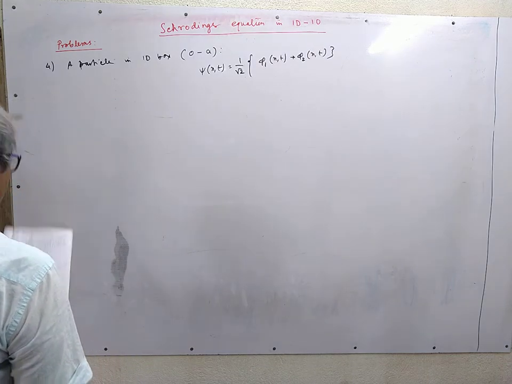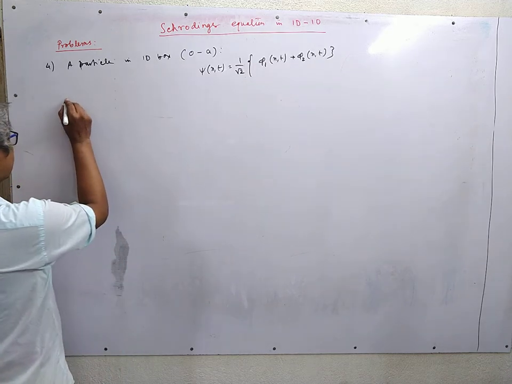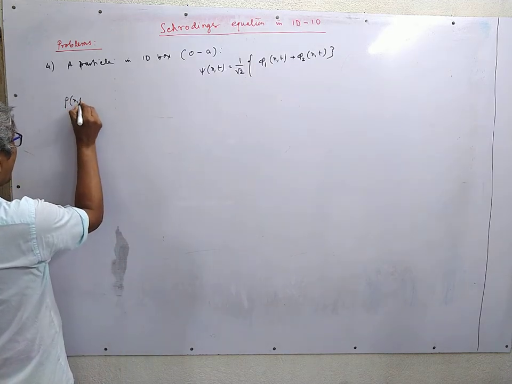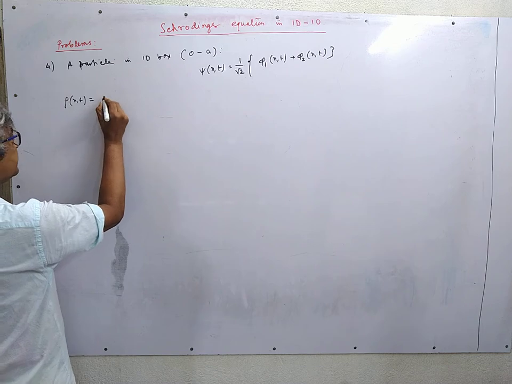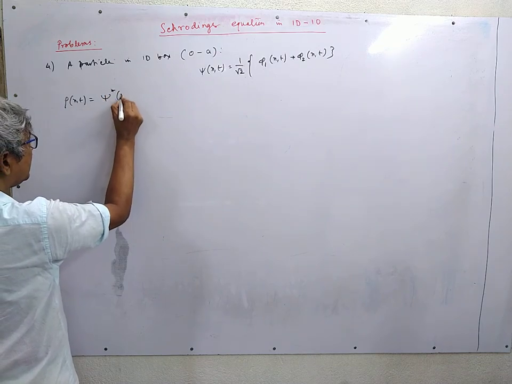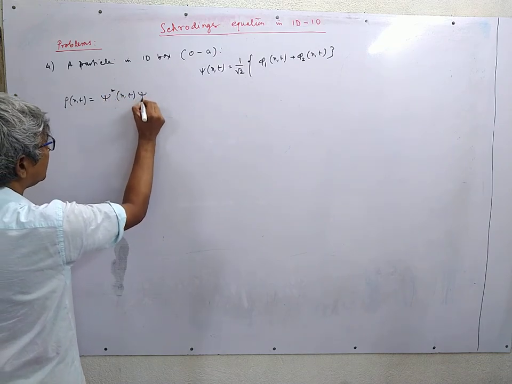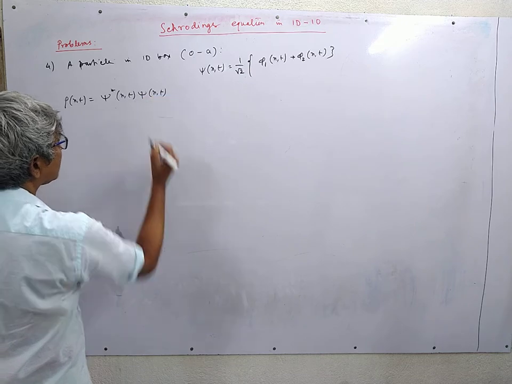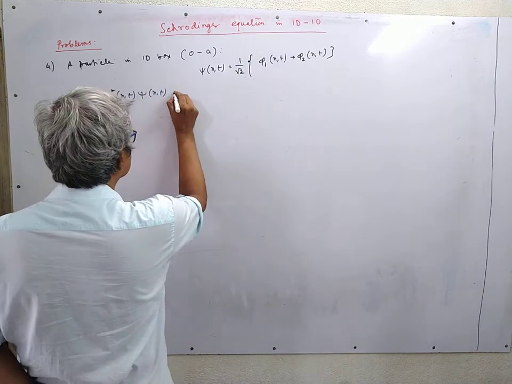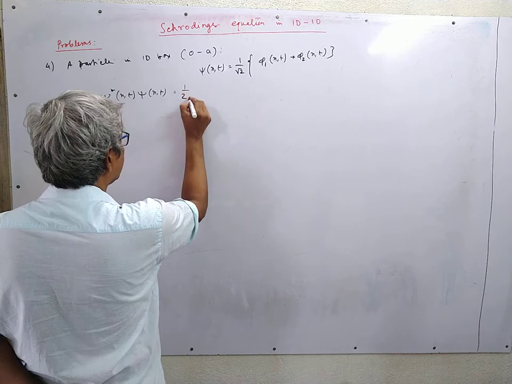First, to find the probability density, rho of x t is equal to one upon 2.